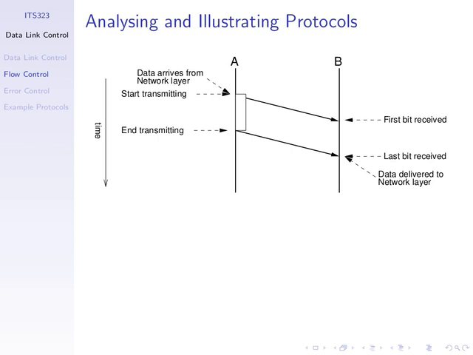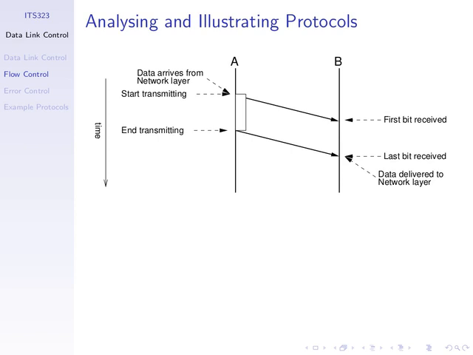So we're going to use these types of diagrams to illustrate how protocols work. That was trying to introduce the basic concepts. You'll see many examples of them today and the next few lectures. And by using these diagrams, it's easier to see how the protocol operates, and also to see the timing involved in the different activities.